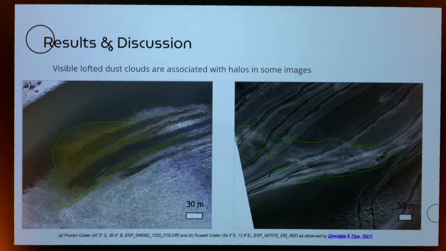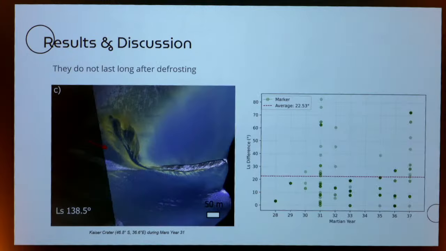This shows that these activities were happening within probably only a very few minutes of the activity happening. So the idea that these halos are lofted dust is supported by the observation of these clouds of dust settling around these. Another question is, how long did these last?